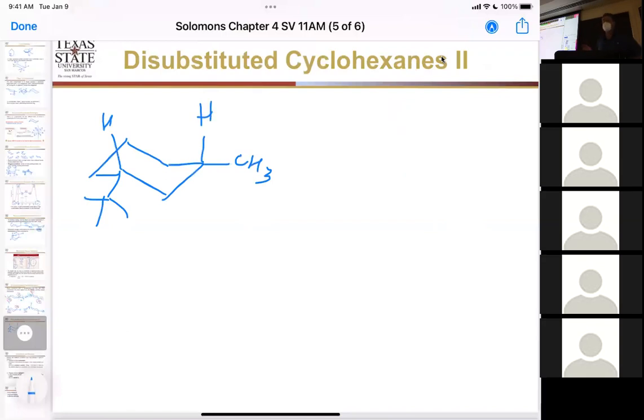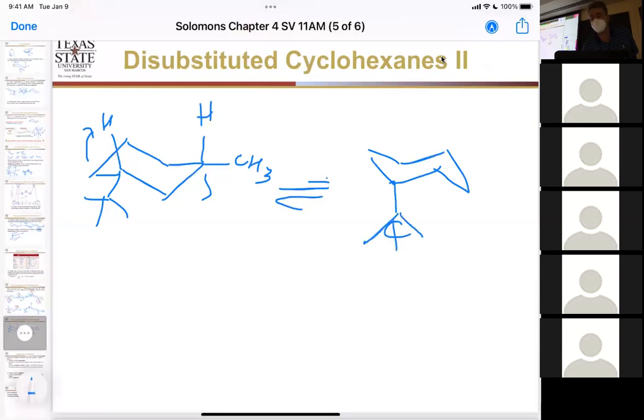And if we flip this back and forth, we're going to pull that one up, pull that one down. So that's going to draw it like this, and then the parallel lines, and then this. And that T-butyl group is now going to be in that equatorial position, and the methyl group is going to be in the equatorial position.